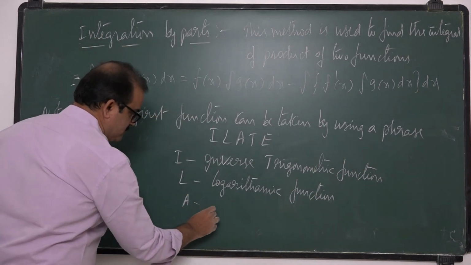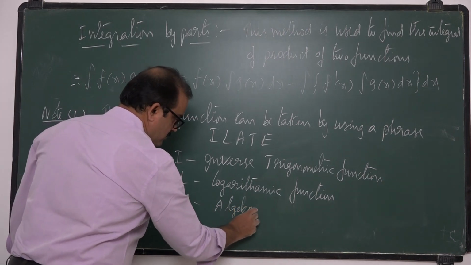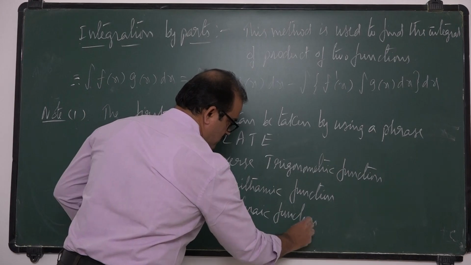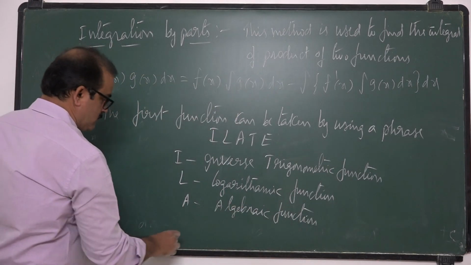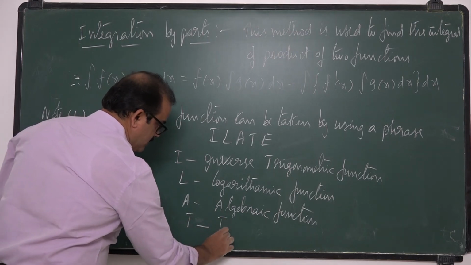A represents algebraic function. T represents trigonometric function.